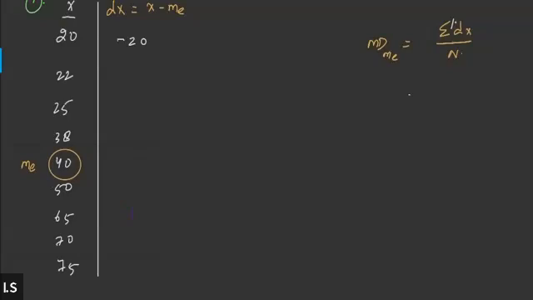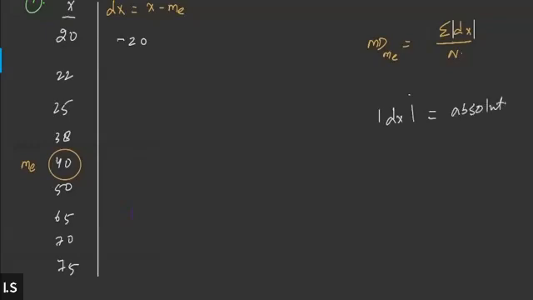To indicate the absolute value, we put these signs around the dx. Sir, what do you mean by absolute? This sign indicates absolute. So dx means absolute deviation.